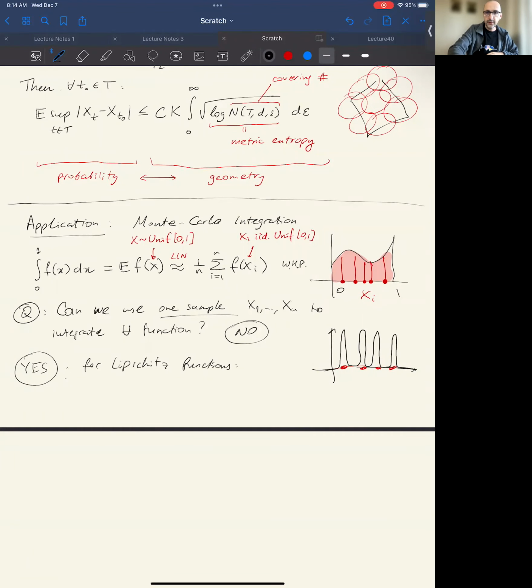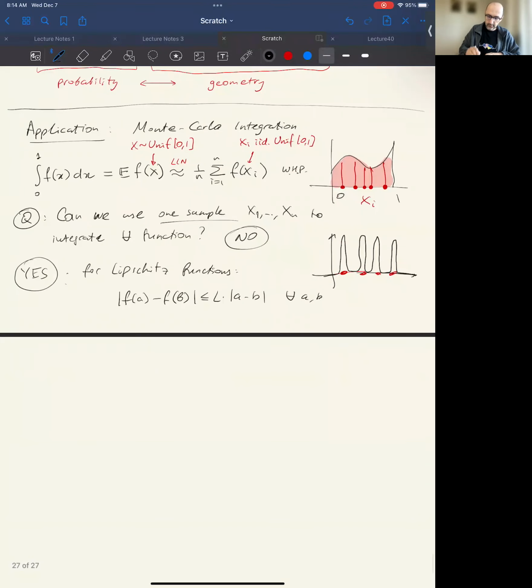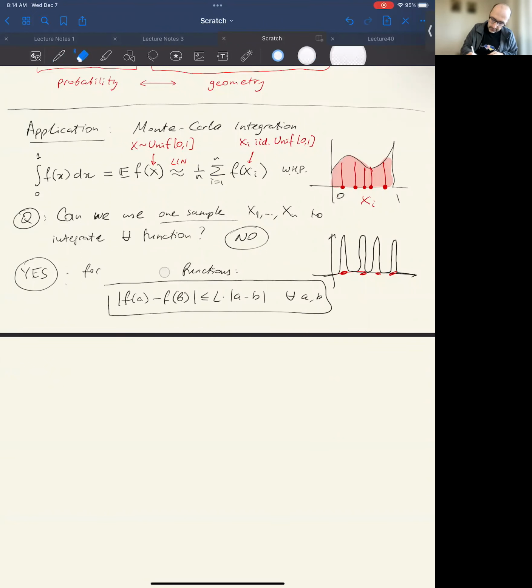Lipschitz means that the absolute value of f of a minus f of b is at most some constant L times the absolute value of a minus b, for any a and b. We'll call this an L-Lipschitz function.